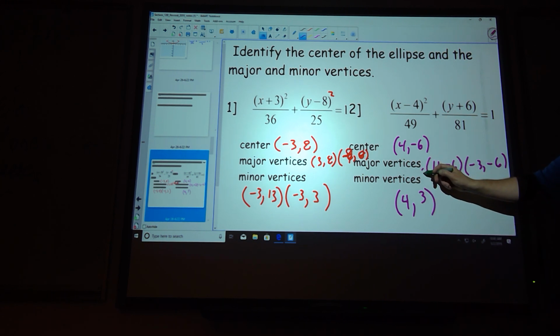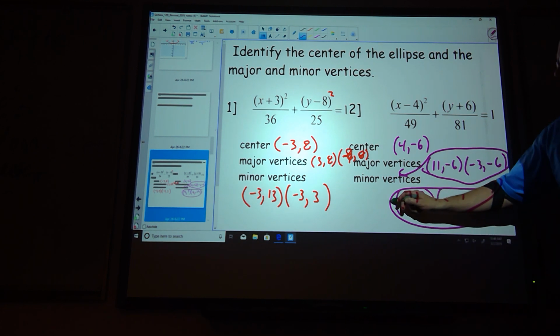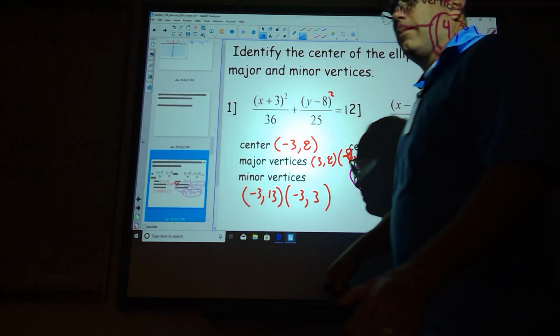Okay, so this comes down here. This is the minor. And this will be the major. I added 9, subtract 9. 4 minus -15. There's our major, this one. That's all. So it's just adding and subtracting. There's not much.